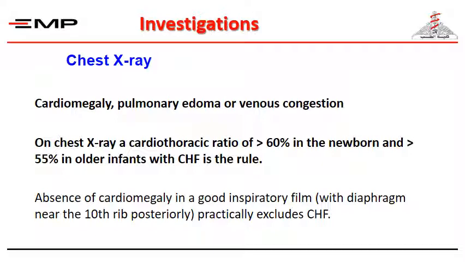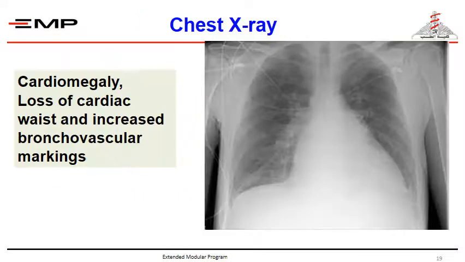The absence of cardiomegaly in a good inspiratory film, with the diaphragm near the 10th rib posteriorly, practically excludes congestive heart failure. So when I'm told that my patient is severely distressed, the mother says he cannot breathe well and has been having difficulty breathing, and I do an X-ray and find that the cardiothoracic ratio is normal, this practically excludes congestive heart failure.